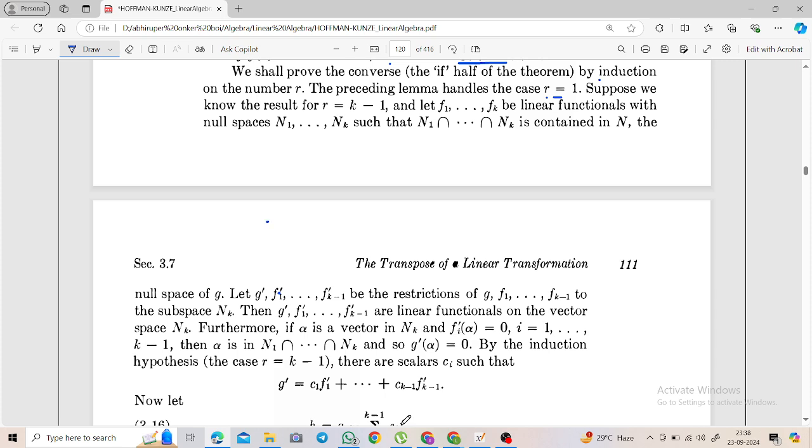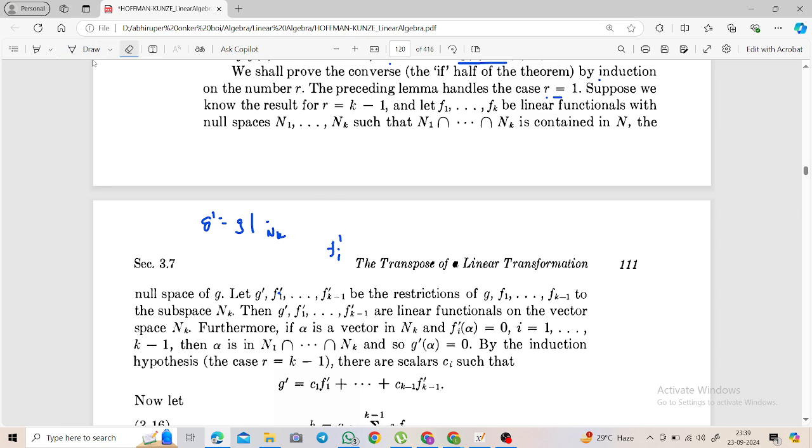So basically they are restricting G and every linear functional to the linear subspace Nk, right? Actually there they will use the induction hypothesis again.